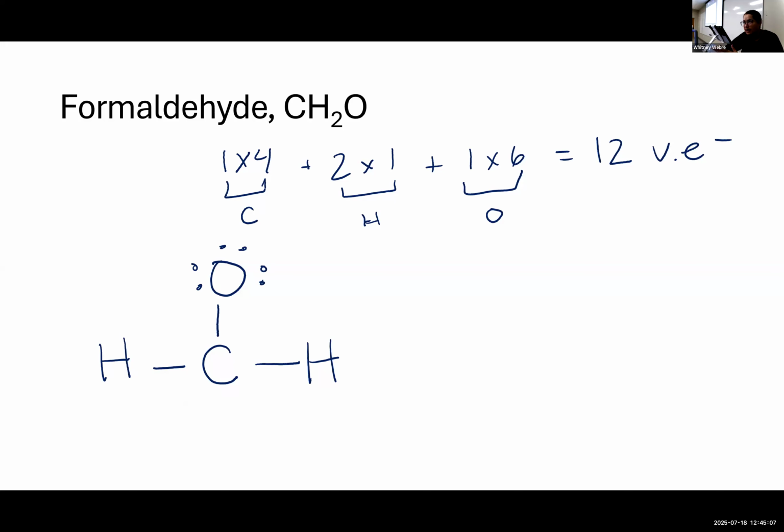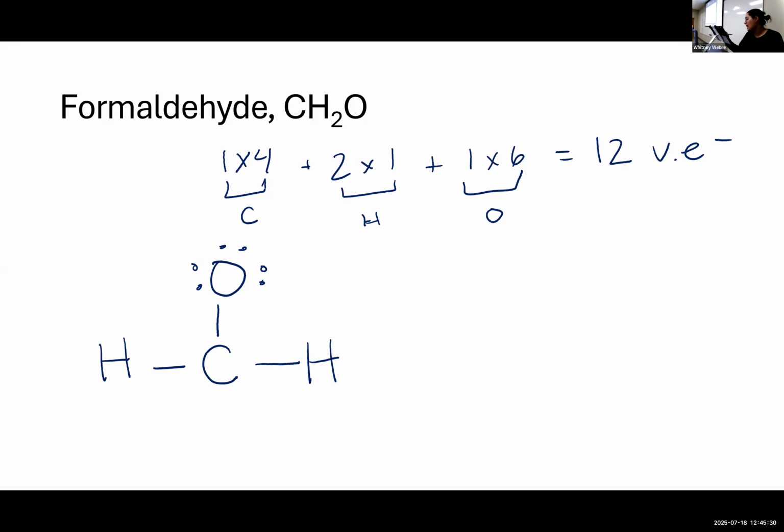So check if it's correct or not by counting and making sure every atom has its full octet. Hydrogen, oxygen all have full octets or duets. Does carbon have a full octet? No, carbon has 6, not 8.